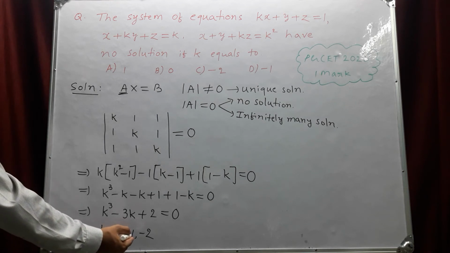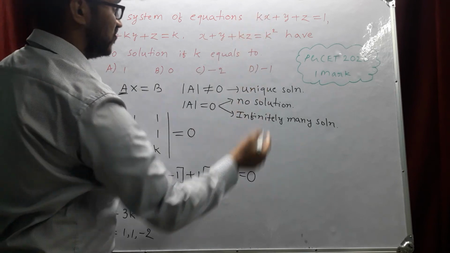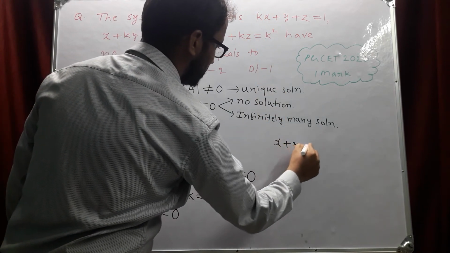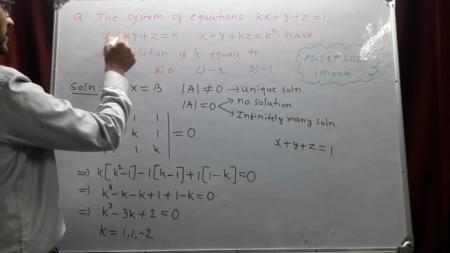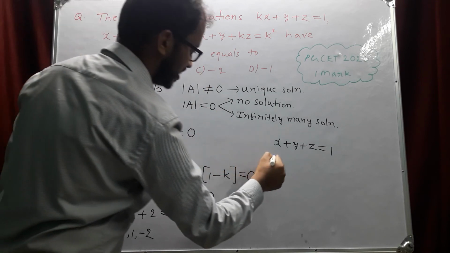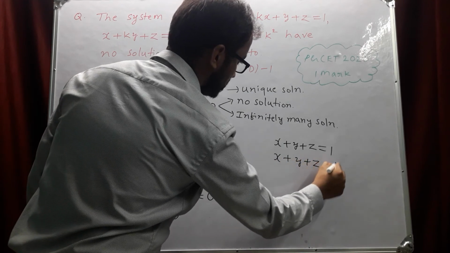But if you take k is equals to 1, what happens? First equation is x plus y plus z is equals to 1. Second equation again, if k is 1 means x plus y plus z is equals to 1.